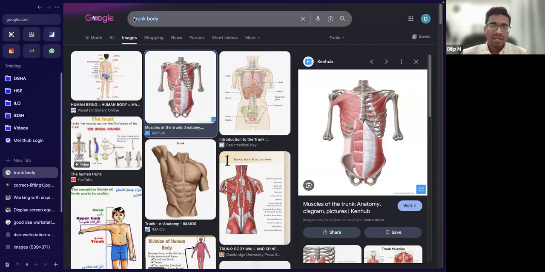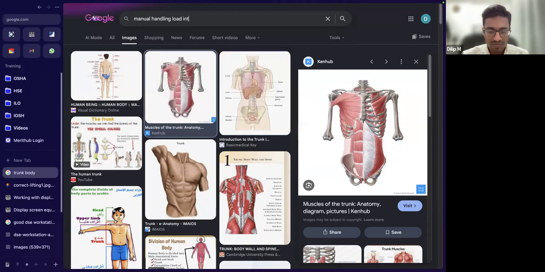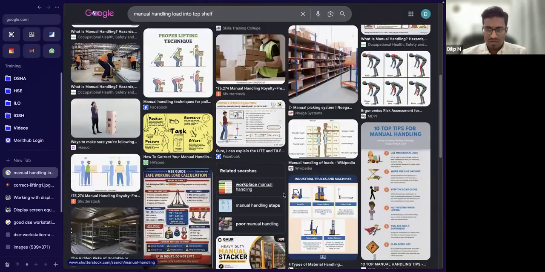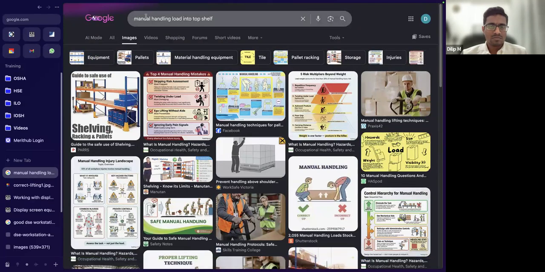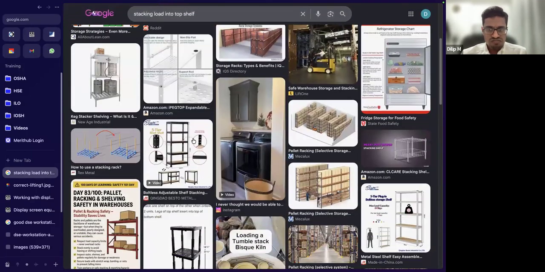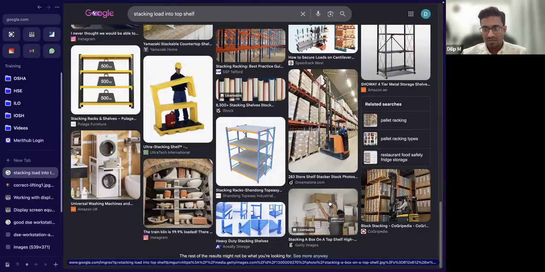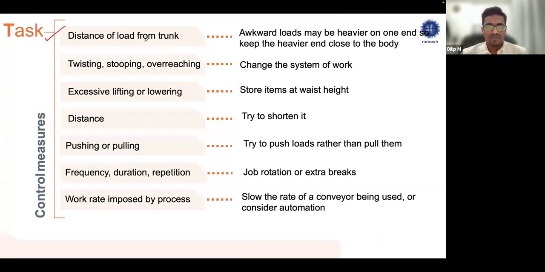Now, for example, see here this image. So here you look at the task and you read the first line.